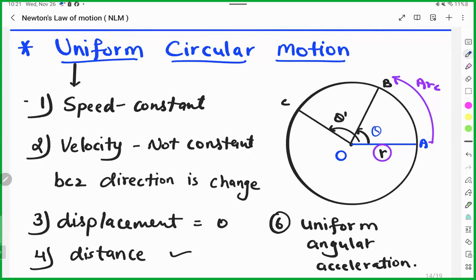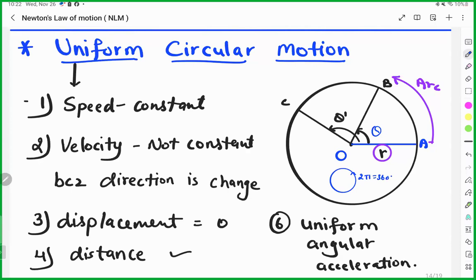Why? For example, if you move from A to B, there is an angle theta. If you move from A to C, you are moving more, so the angle will also be more. So can we say the angle gives us an idea of how we are moving? And the maximum angle could be 2 pi, because if you rotate fully 360 degrees, it will be 2 pi or 360 degrees, right? Maximum you can move is 360. After that, it will again start from 0. Make sense?